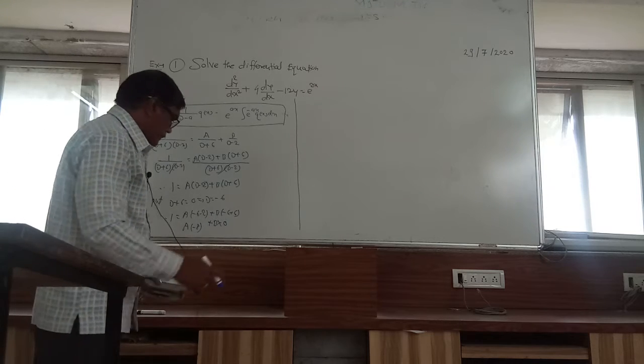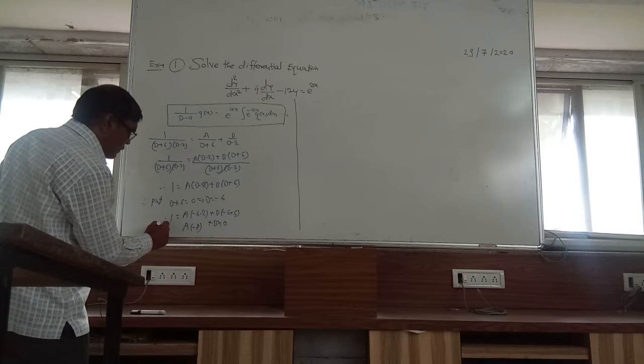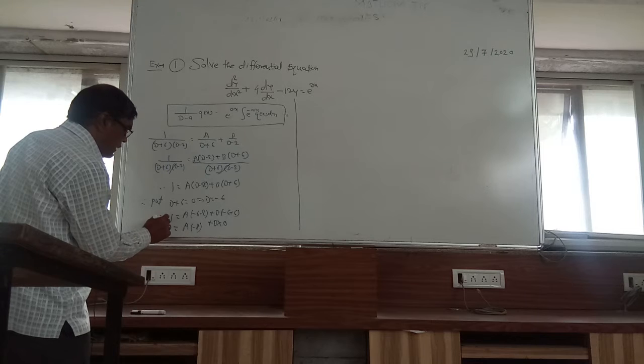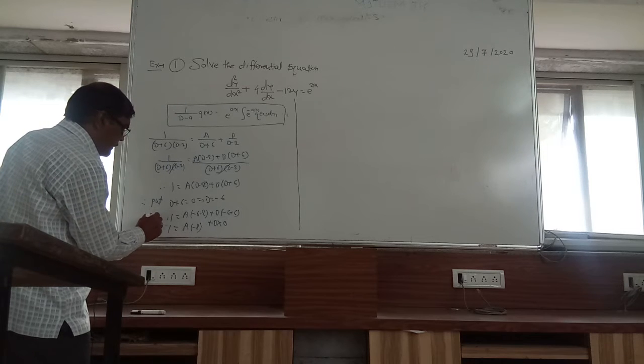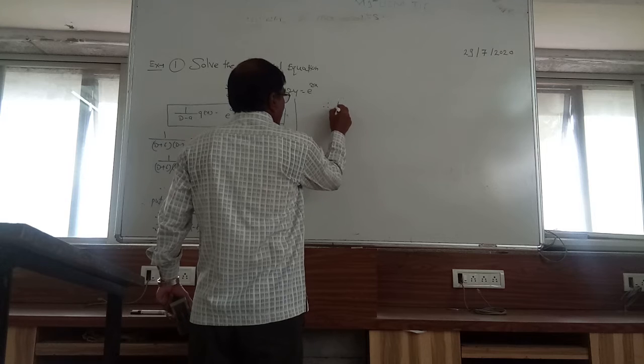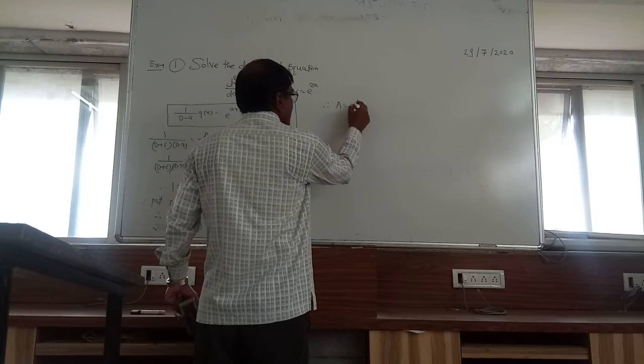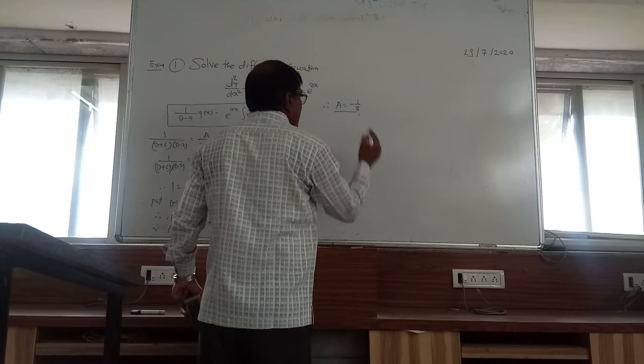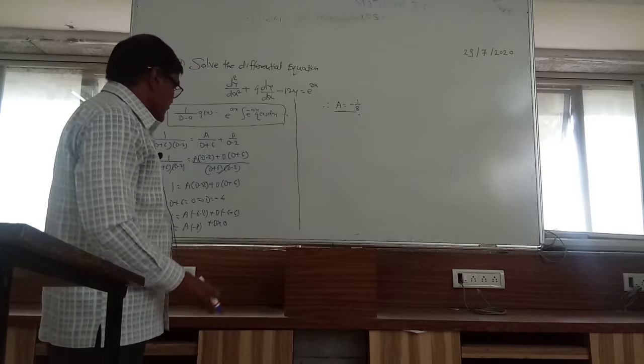Therefore 1 is equal to A into minus 8, so A is equal to minus 1 upon 8. We get the value of A equal to minus 1 upon 8.